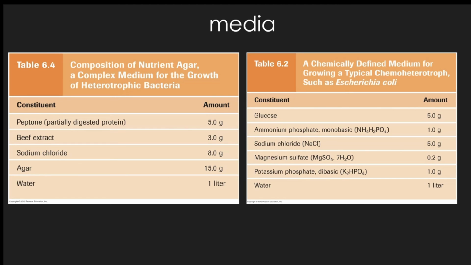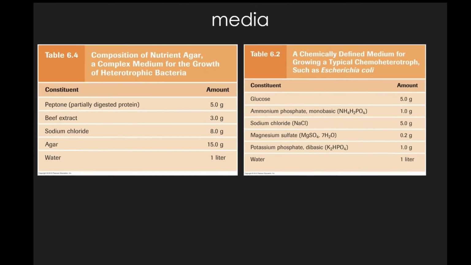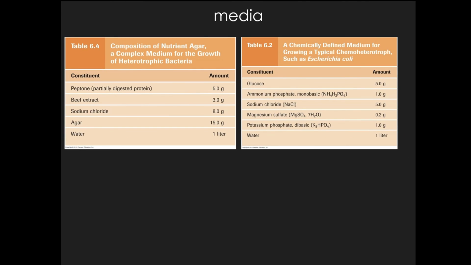And when we do that, we can grow E. coli faster. The question you want to ask yourself is, does it really matter whether the generation time is 20 minutes or 30 minutes? Is that really going to change things? And is that change great enough that I want to have a chemically defined medium for every single microorganism that I want to grow in my lab? And for the most part, in a general lab, no. The answer is no. You don't need to get the generation time down to 20. 30 is just fine, because 30 minutes will still provide you with ample growth of the microorganism in a 24-hour period.